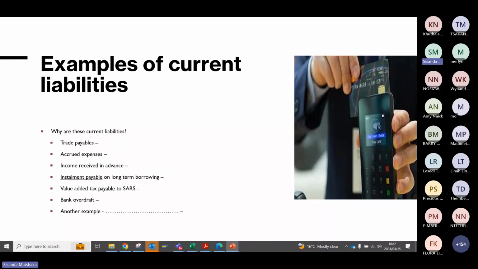So come the end of December, you would have delivered 6 tables to the customer, which means that 6 tables would now move from the income received in advance account and be classified as income. The balance of the 12 that the customer has paid for would still be classified as income received in advance, because the customer has paid, but you must still deliver those tables.